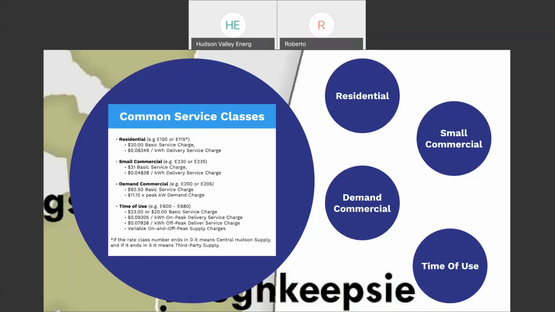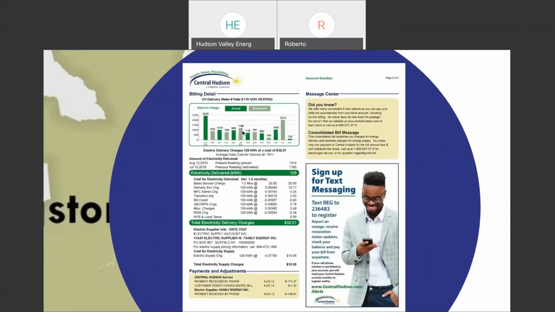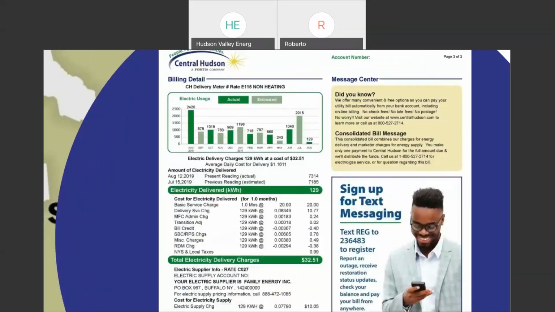So to start, let's open up a sample residential bill. At the top of this page, you can see under billing detail, CH delivery meter number, which is blanked out in this case, followed by your rate, which on this bill says E115, since electric supply is from a third-party supplier.